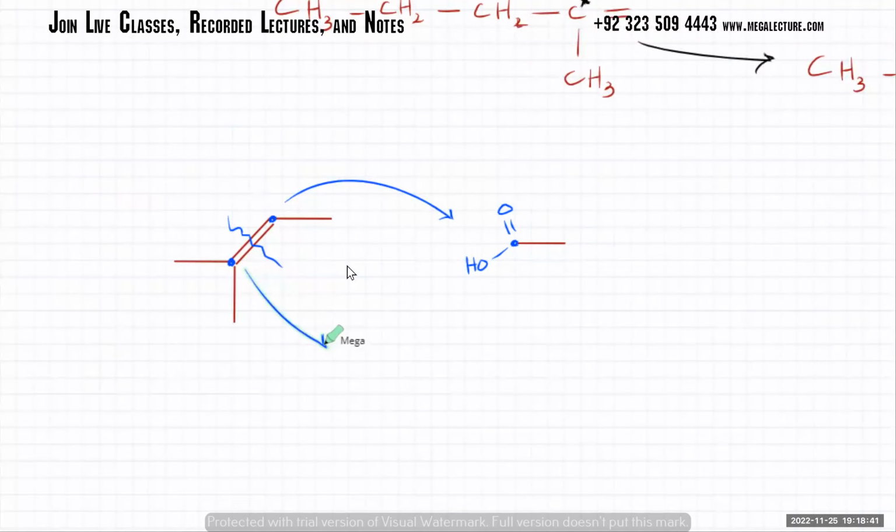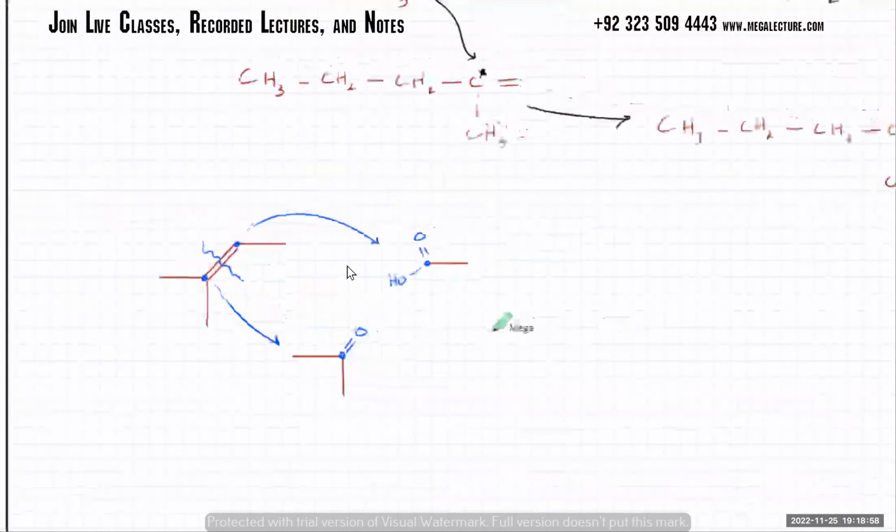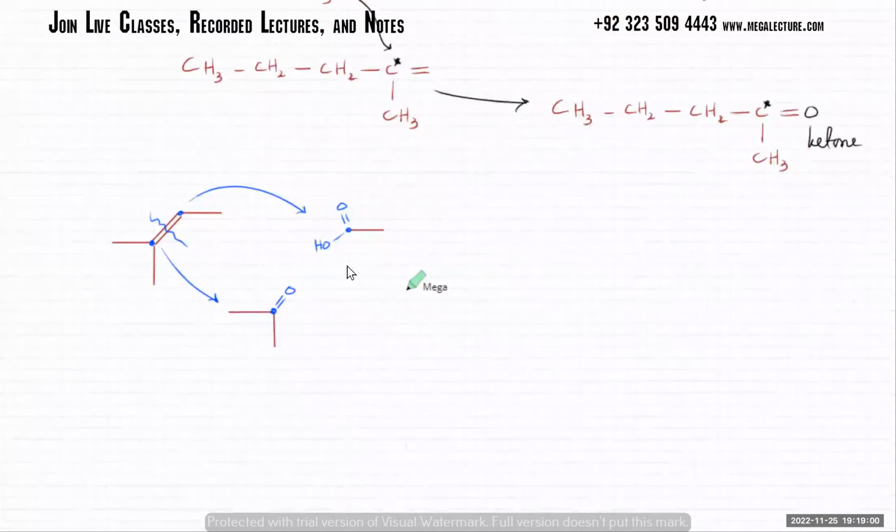Ketone बन जाएगा. ठीक है, it will turn into a ketone. In this case you had two carbon chains, specifically this one. So it will just turn into a ketone. Is that clear? Yes, sir.